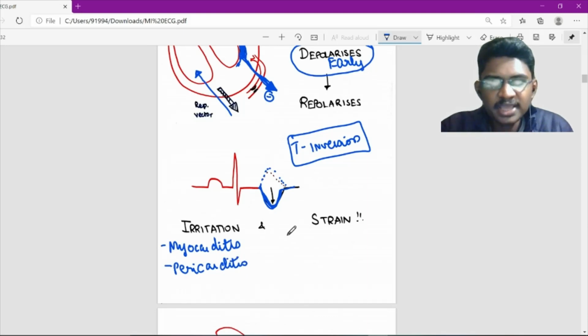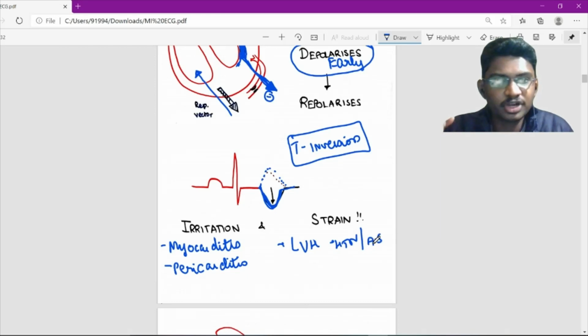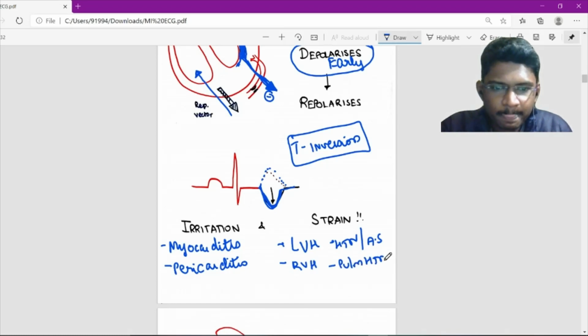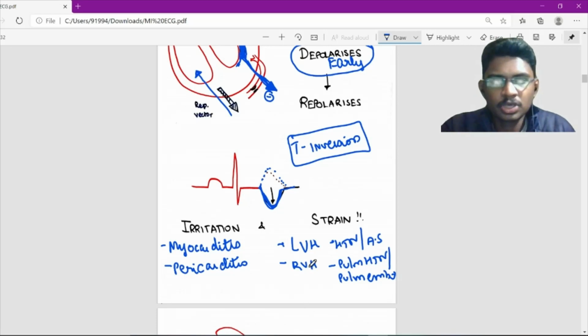Strains, like the left ventricle undergoing strain in any case of LVH, with causes of LVH like hypertension or aortic stenosis, and the right ventricle undergoing strain in pulmonary hypertension, like pulmonary embolism, where a clot is blocking the outflow tract. So there it undergoes strain. In this strain pattern also T wave inversions will be there.